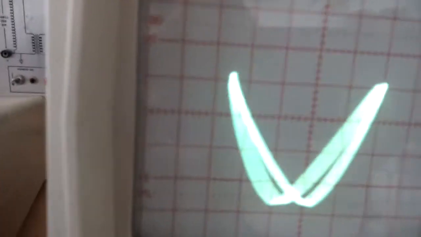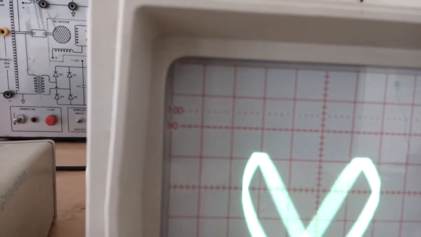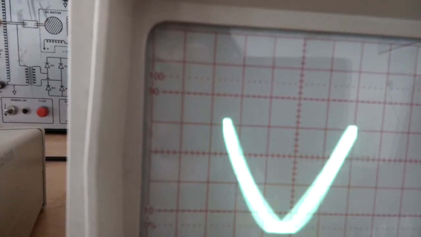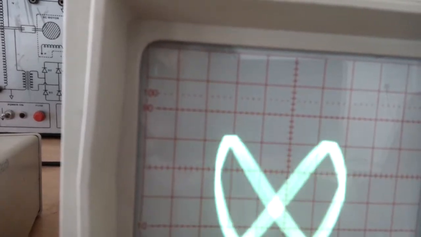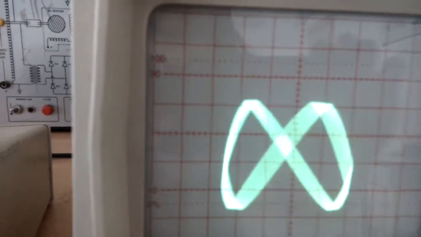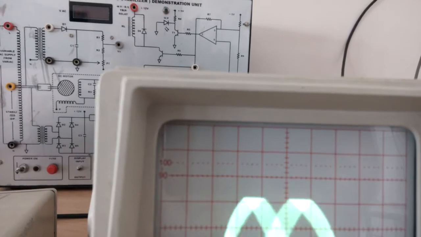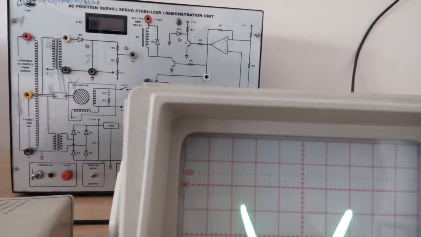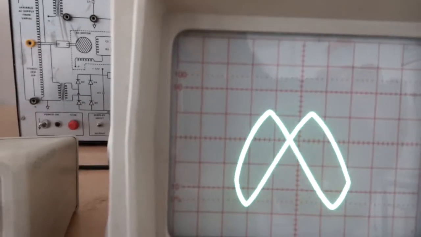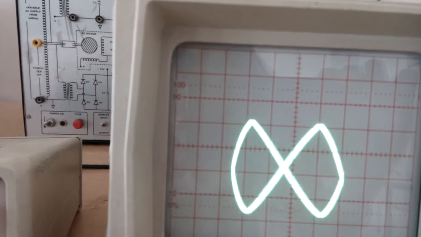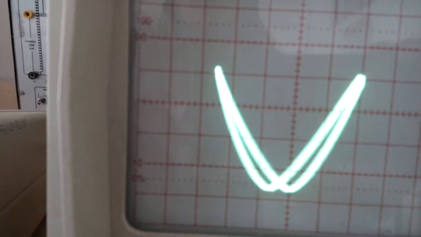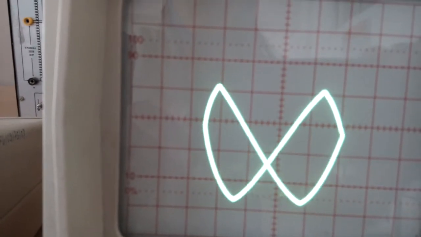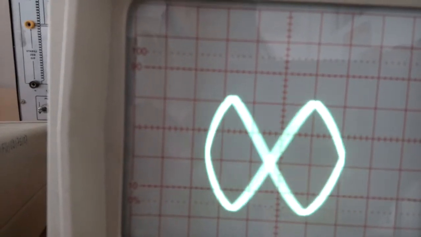You can see here that we are getting two horizontal loops. Here you can observe that horizontal loops are 2 and vertical loop is 1.